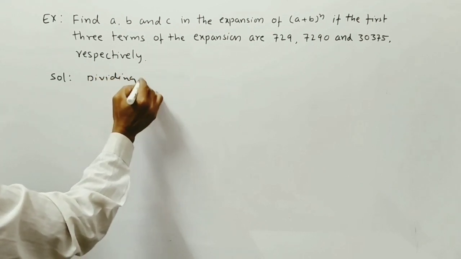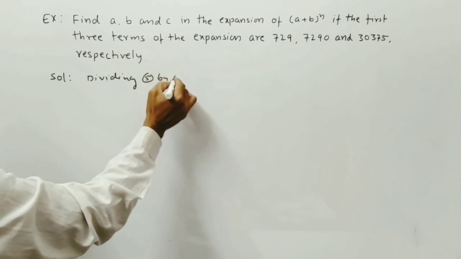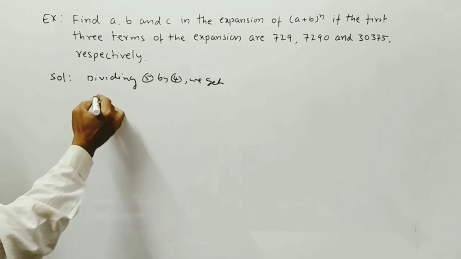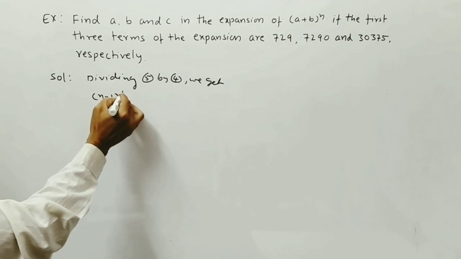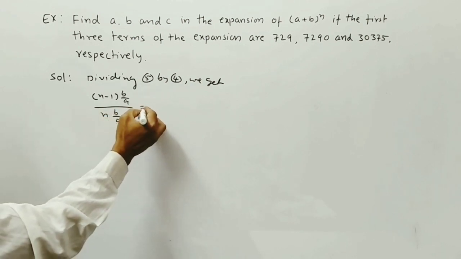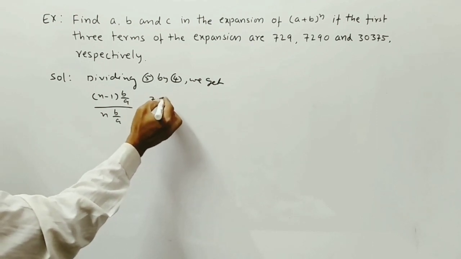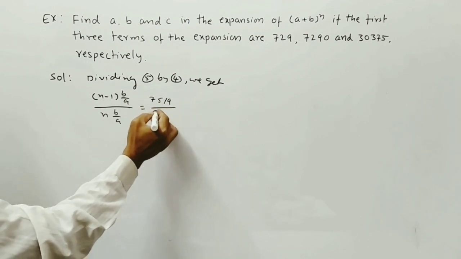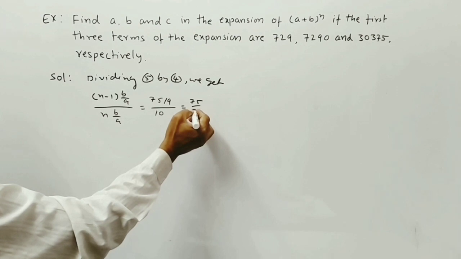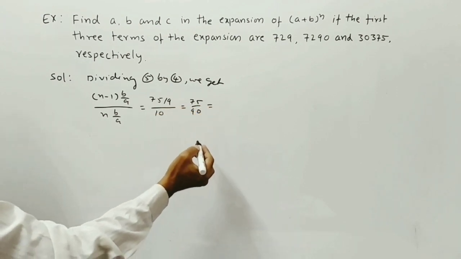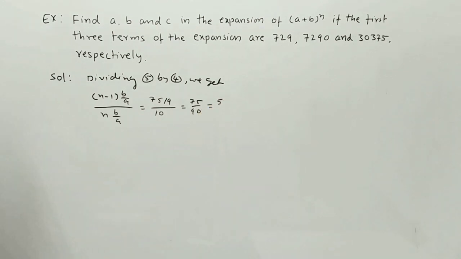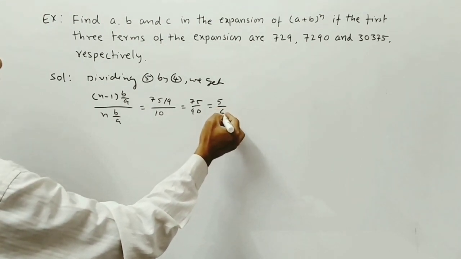Dividing 5 by 4, we get n minus 1 into B by A whole divided by n into B by A is equal to 75 divided by 9 whole divided by 10 is equal to 75 divided by 90, is equal to 15 5s are 75, 15 6s are 90.